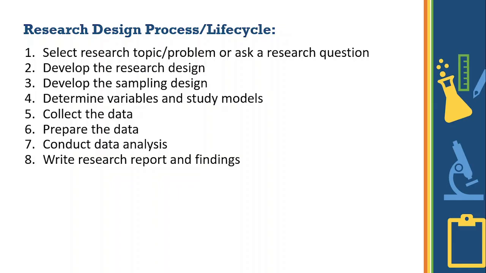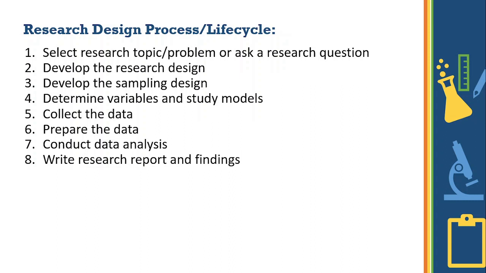In this lecture I will explain to you the research process or the life cycle of a research, from the first step, being selecting the research topic, until the end, which is writing the research report and findings.